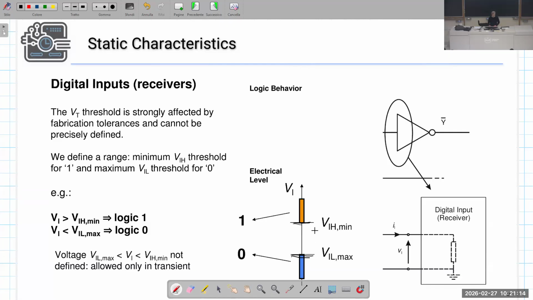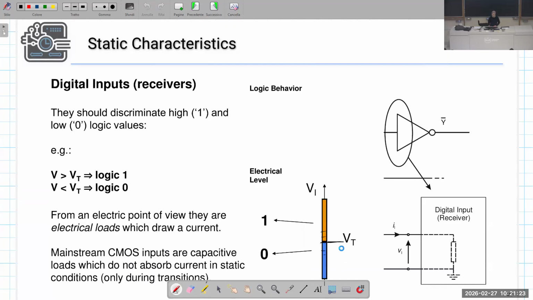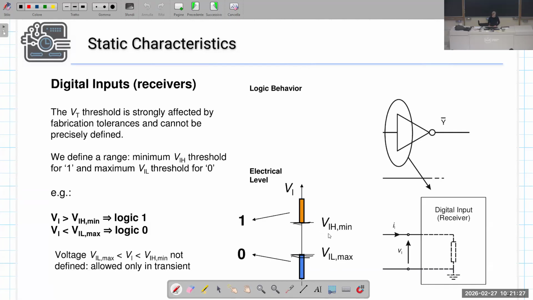Clearly, if VIH minimum and VIL maximum are the same, we go back to the case of a single threshold. By the way, in practice, VIH minimum is larger than VIL maximum.